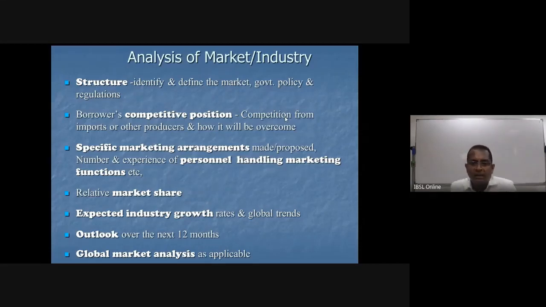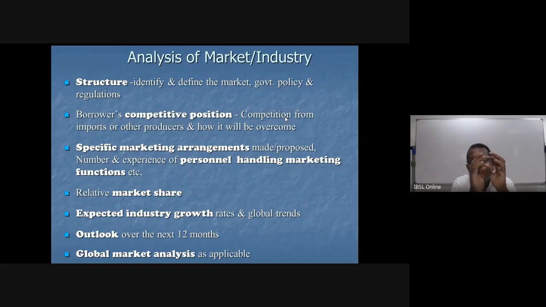Analysis of the market. As we discussed earlier as well, market is a critical factor. So you have to analyze the market structure.